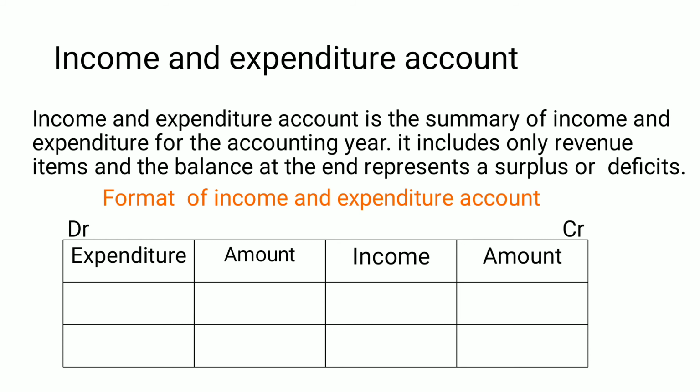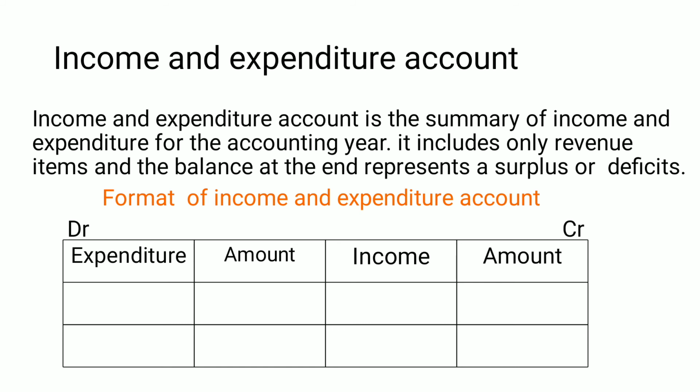This is about the income and expenditure account. In this account, only current period revenues are recorded. All the items of revenue are recorded, but only for the current period, this year. Revenue or expenditure of the previous year or next year is not recorded.